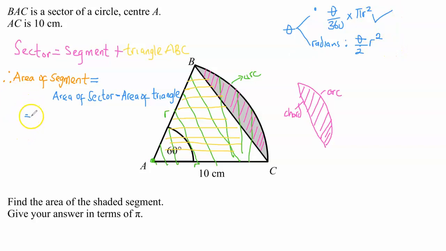Therefore, we would say that the area of the segment equals area of sector, which is theta over 360 times pi r squared, minus, now this is the triangle. We've got several formulas for the area of a triangle, but here we would see that this triangle is an isosceles triangle because we've got two equal sides.